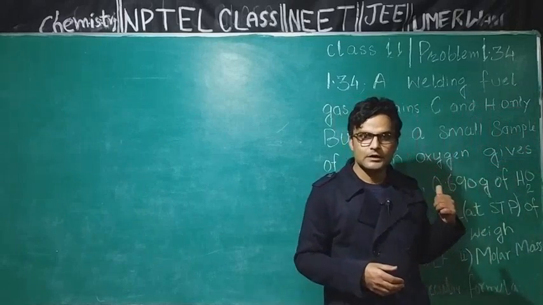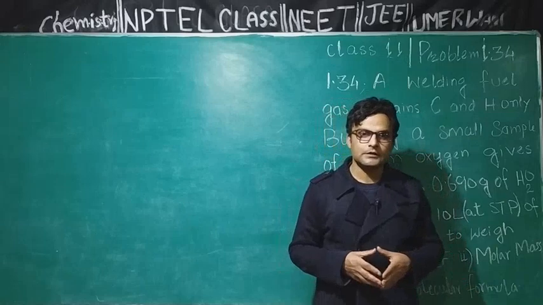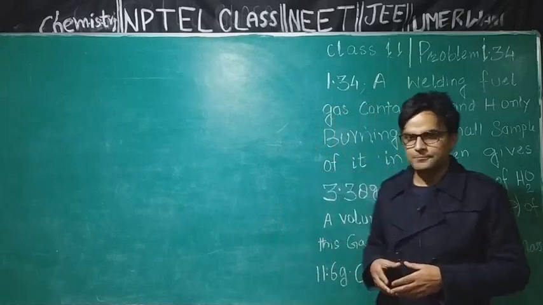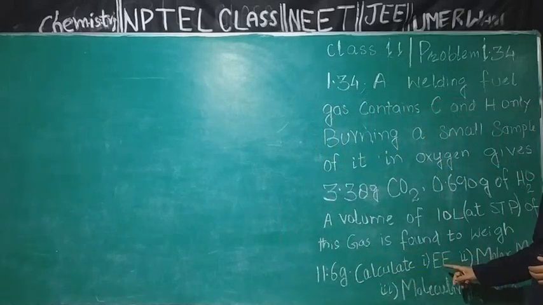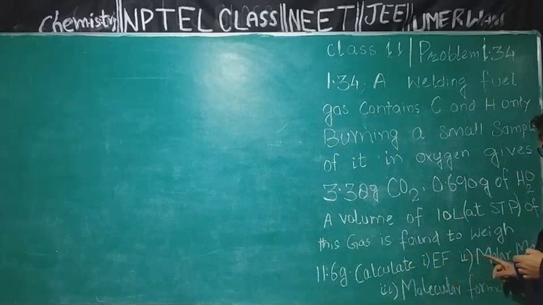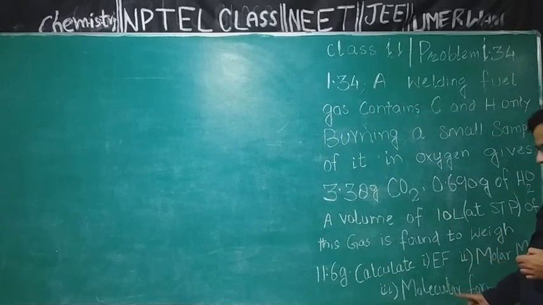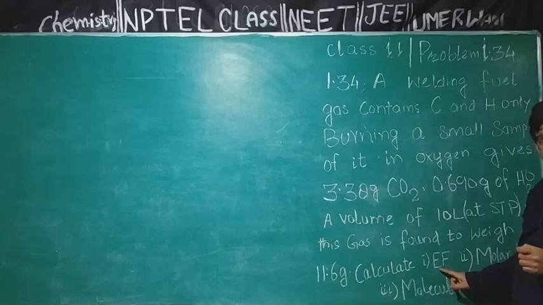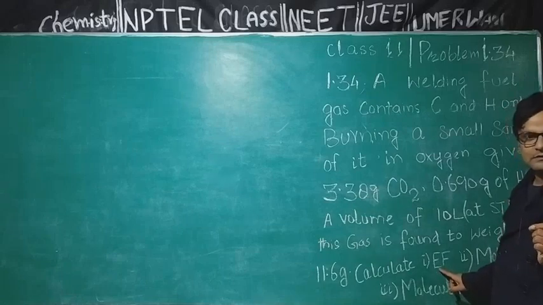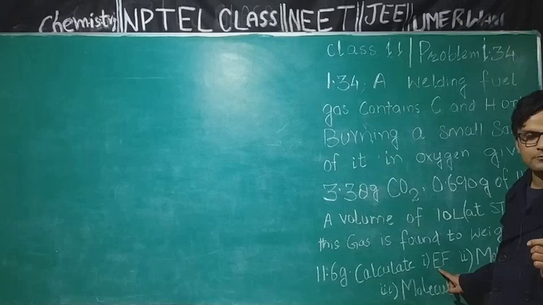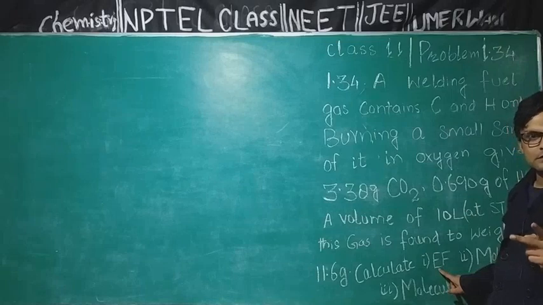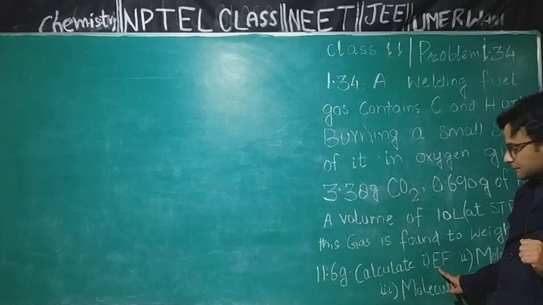This is a numerical problem, and it is based on concepts like empirical formula, molar mass and molecular formula. Empirical formula is the simplest formula of a compound, and it conveys to us the simplest ratio of mole atoms of various elements present in this compound.